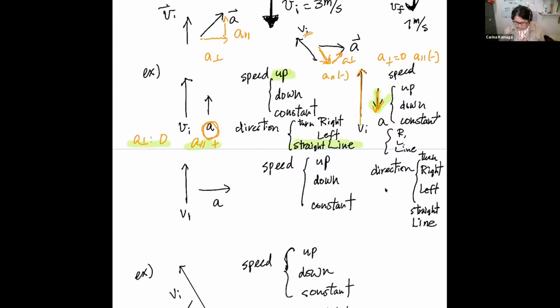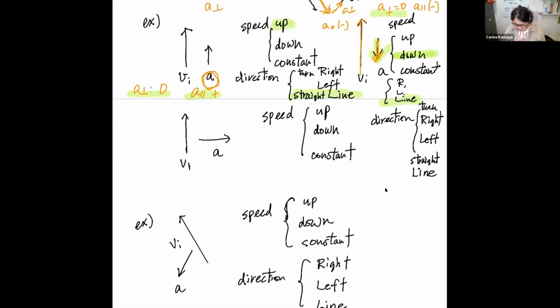Since A perpendicular is 0, there is no turning. It's going to be in a line. And when A parallel is negative, acceleration is pointing in the opposite direction to the motion, so it's slowing down.